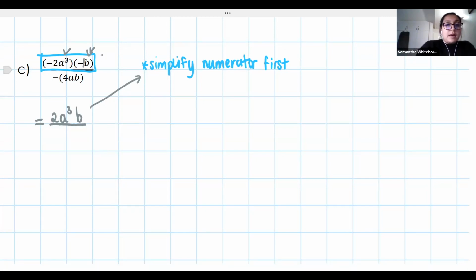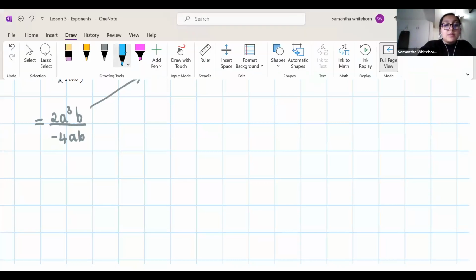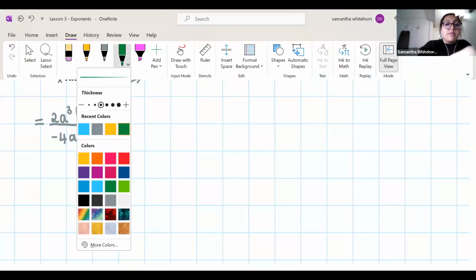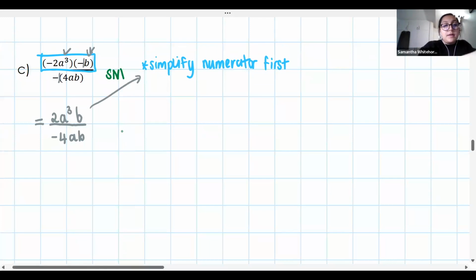Now, guys, remember, again, this negative outside the bracket is technically a negative 1. So you are saying negative 1 times 4ab, which hopefully we know gives us negative 4ab. So using signs, numbers, variables, every single step of my way, I'm simplifying.